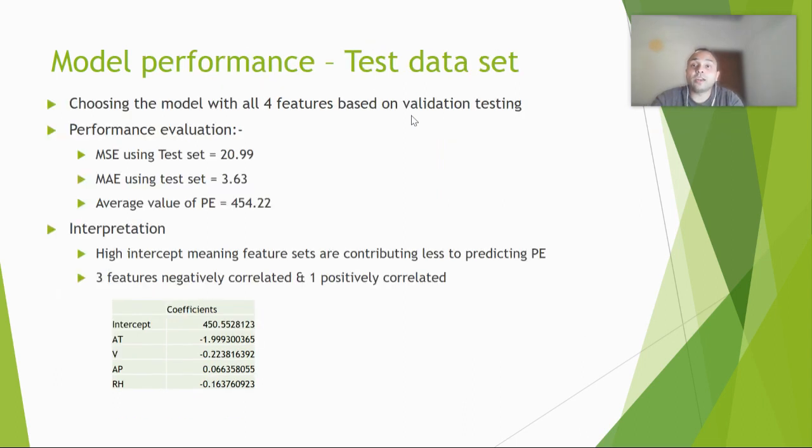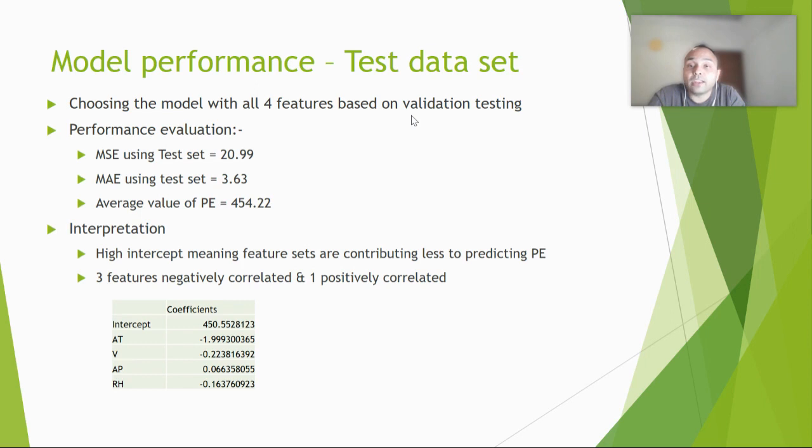Finally, after we have chosen the model, I'm doing a model performance evaluation with the test data set, which had around 1,500 values. I have chosen the linear regression model with 4 features based on the validation set results. And as you could see, in the performance evaluation the mean squared error is 20.99. The mean absolute error is 3.63.